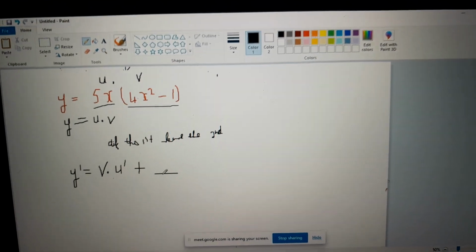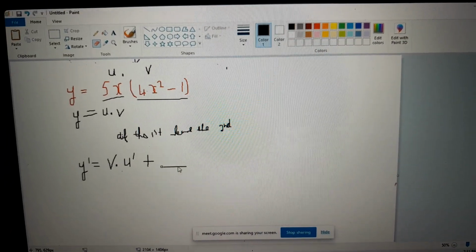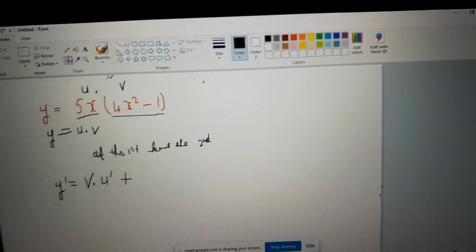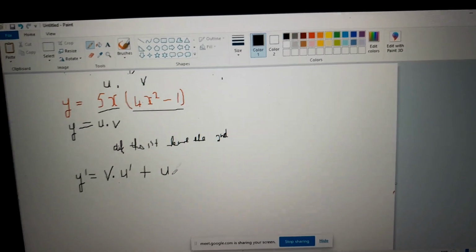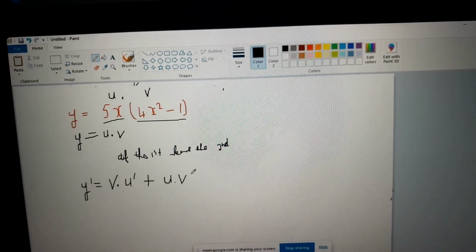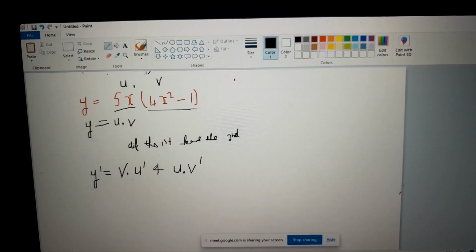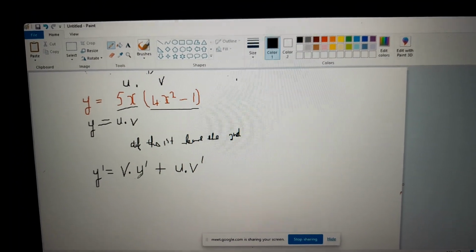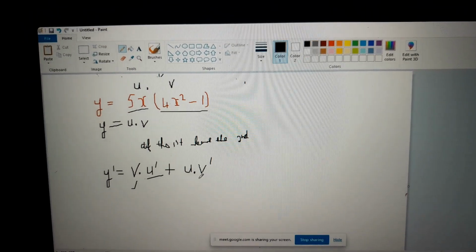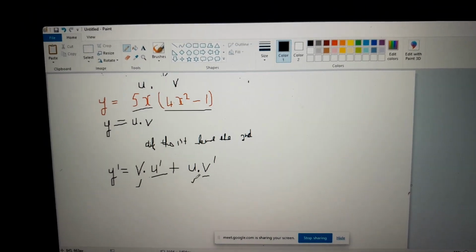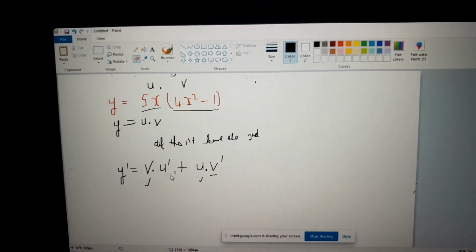Sir, you differentiate the v and leave the u. Very good. So I'm going to start with u now times the derivative of v. So basically this is how we get the product rule. Differentiate the first, leave the second, and then you do the opposite. Differentiate the second, leave the first. Is this good with everyone? Yes, sir.